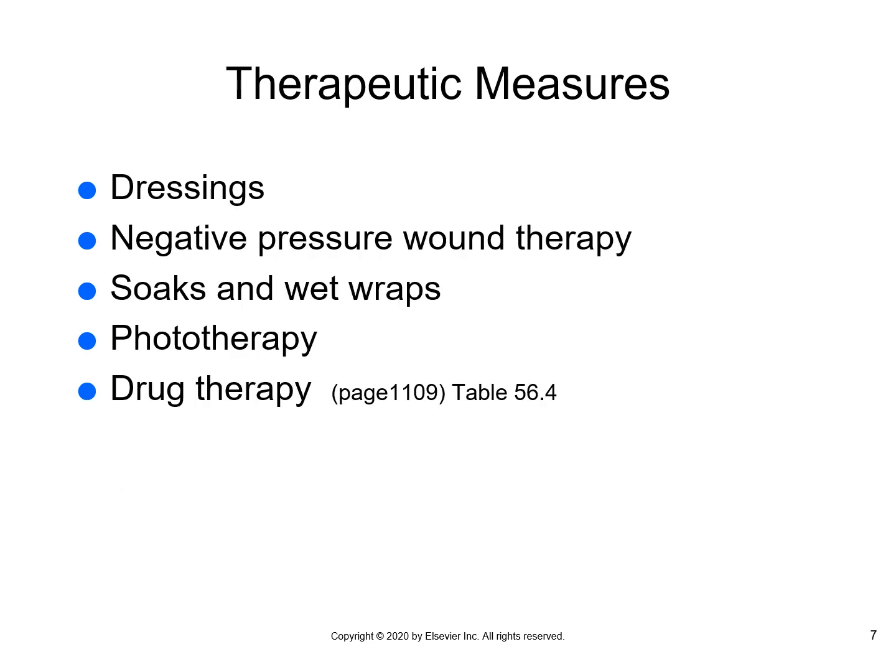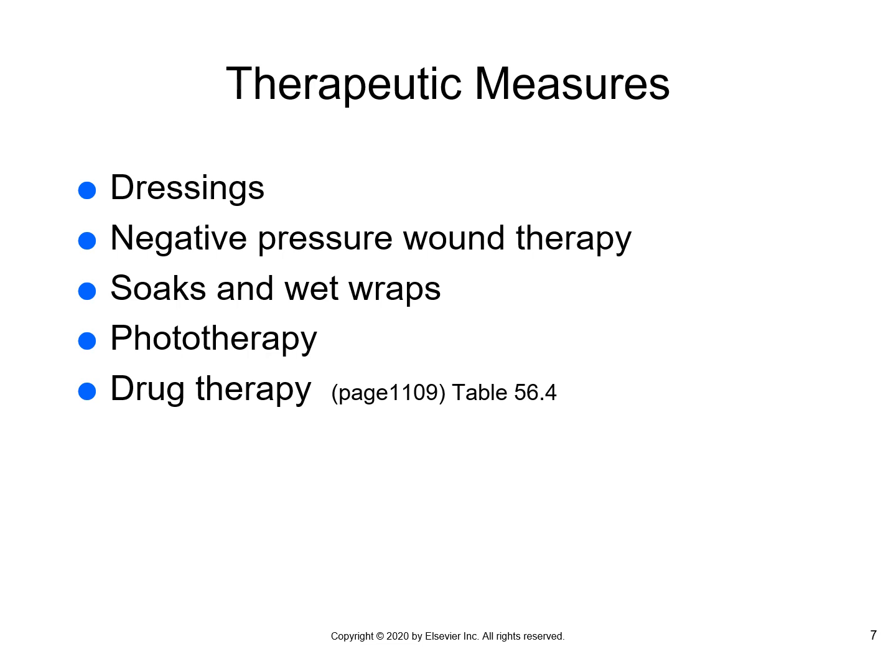Therapeutic measures. We can do dressings, negative pressure wound therapy, soaks and wet wraps, phototherapy, and some drug therapy. We can use dry dressings, wet dressings, and absorbent dressings. For dry dressings, we protect wounds and absorb the drainage.